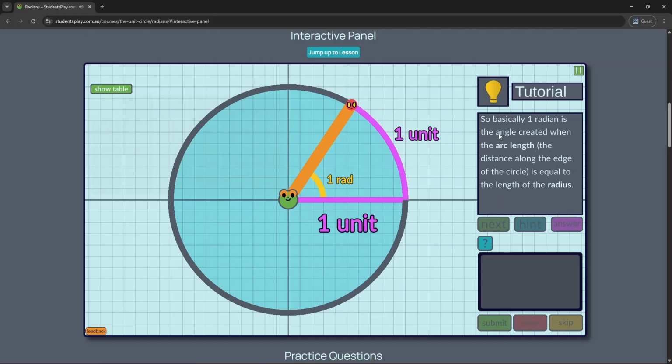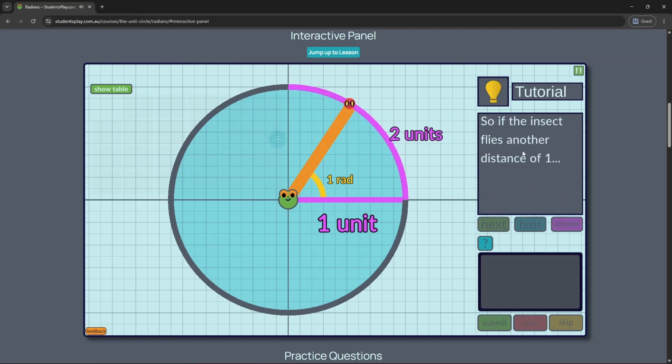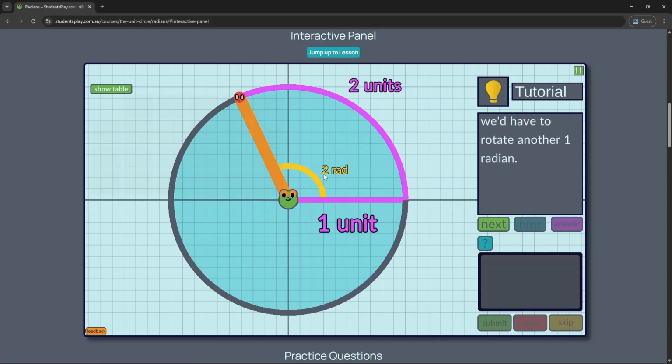So basically 1 radian is the angle created when the arc length, the distance along the edge of the circle, this is an arc here, is equal to the length of the radius. So if the insect flies another distance of 1 over to here, we'd have to rotate another 1 radian.